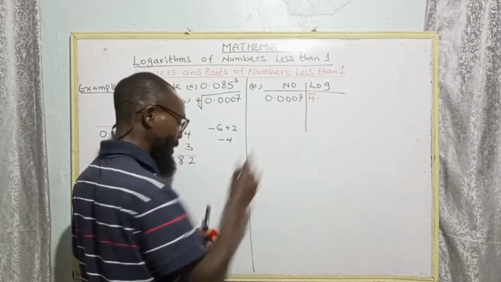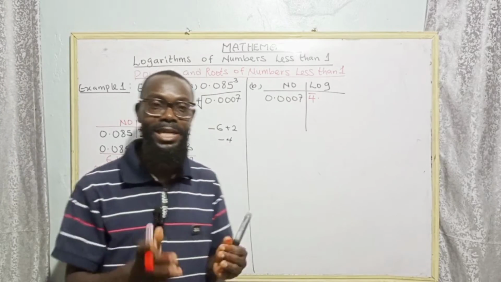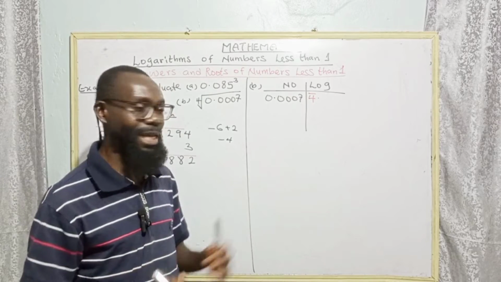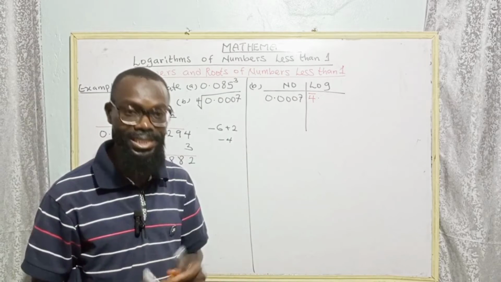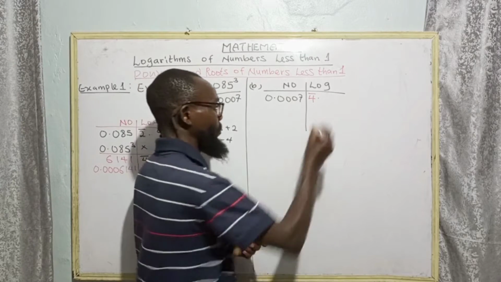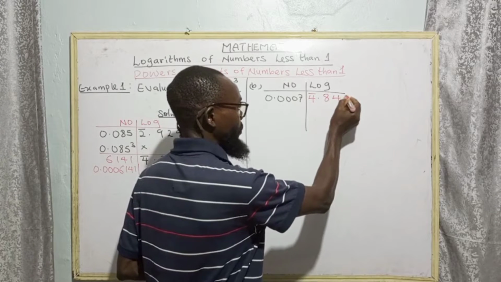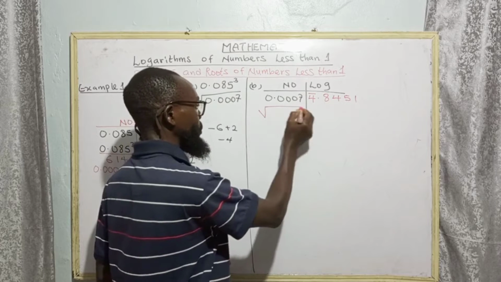So we're going to check our logarithm. If you look at your logarithm of numbers, it normally starts from 10. So there's nothing like 7. So what we're going to do is, you add 0 to the back of this 7, making 70. So we check 70 under 0. So we have 8451.